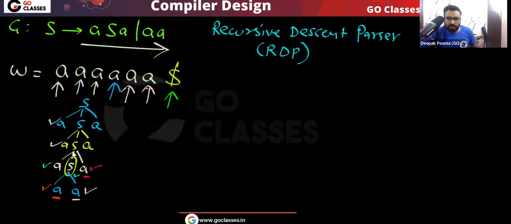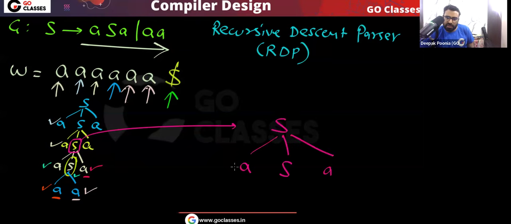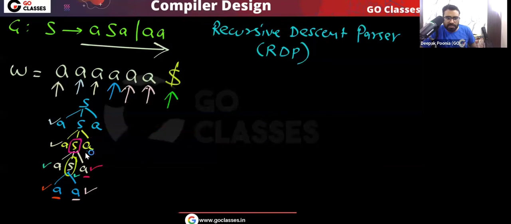From this S's point of view, all its branches are successful: this is successful, this is successful, this is successful, so I am also successful. So there will be a tick mark that this S is also successful.